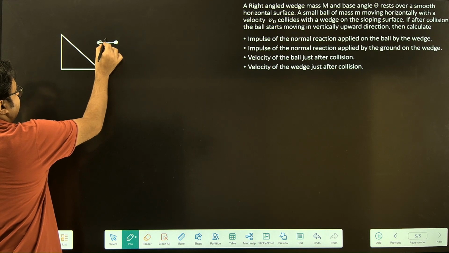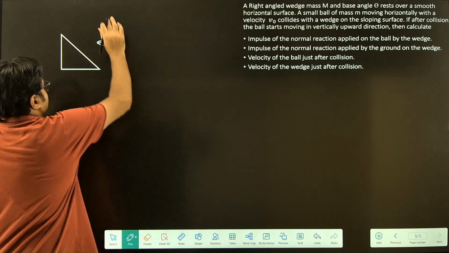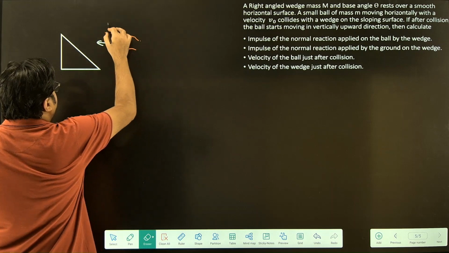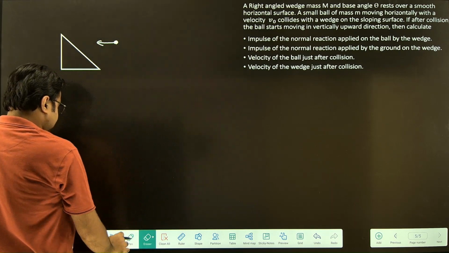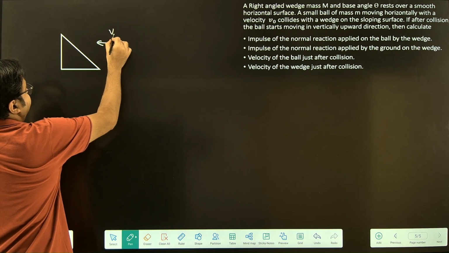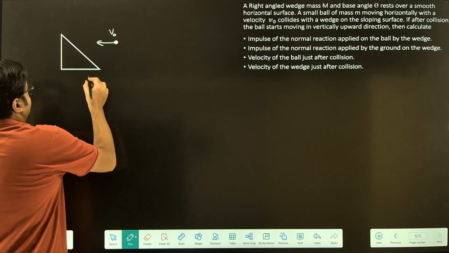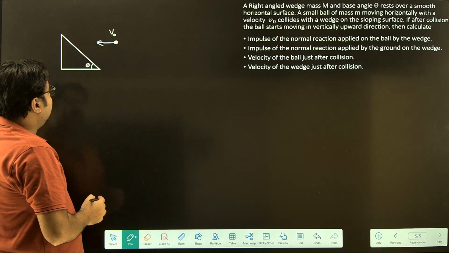So let me say it's moving with a velocity v naught. V naught is the velocity with which it's moving towards the wedge. The question also says that the angle of the wedge is theta.